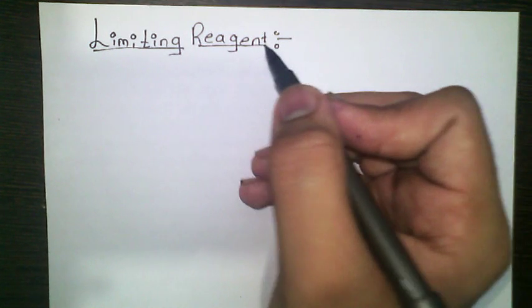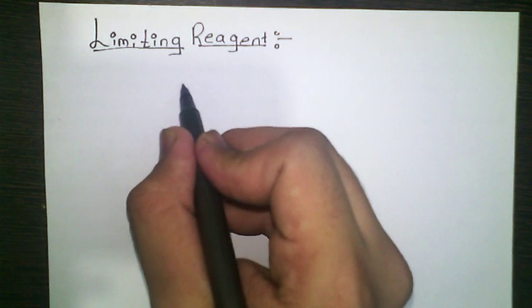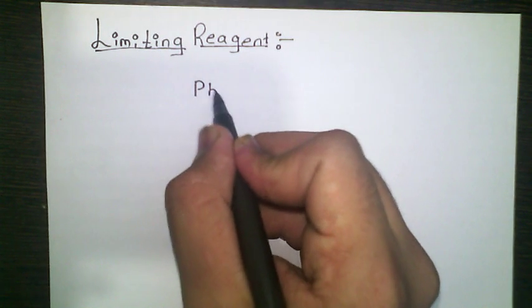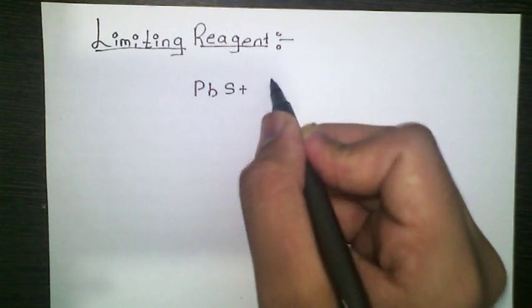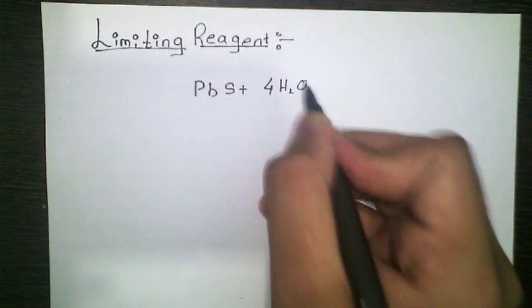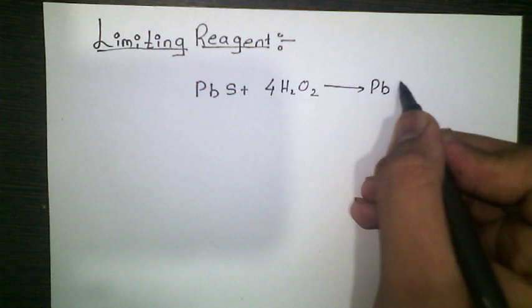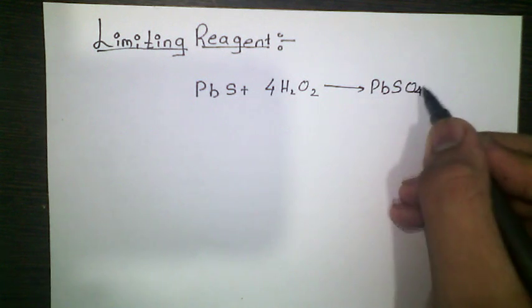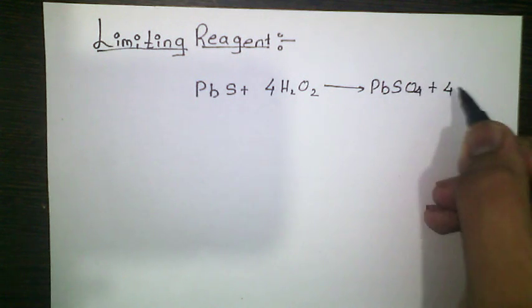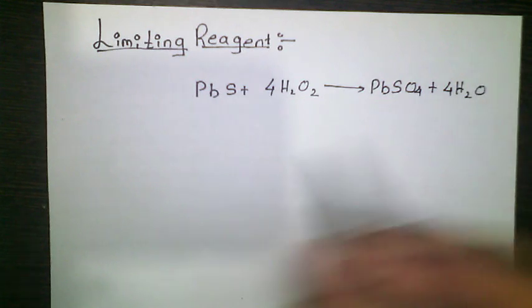Now suppose a reaction like PbS plus 4H2O2 gives PbSO4 plus 4H2O.